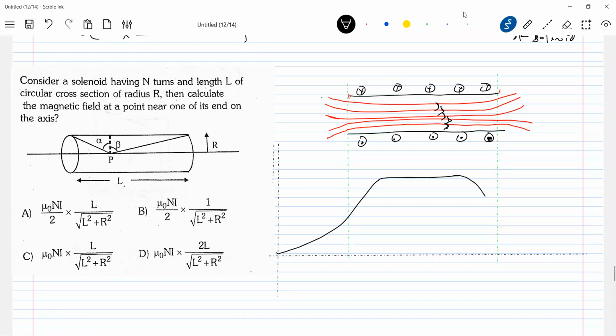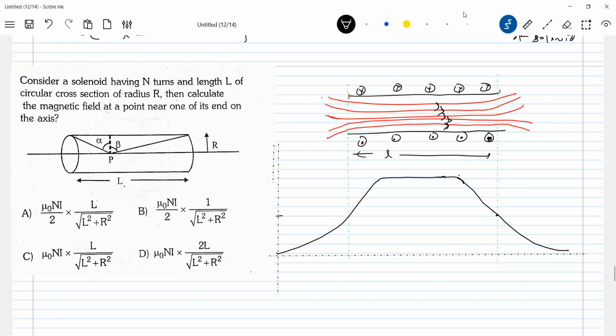Again, it starts varying, and it'll be 0 outside.